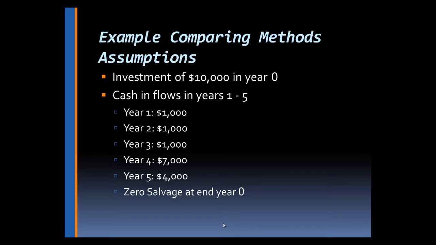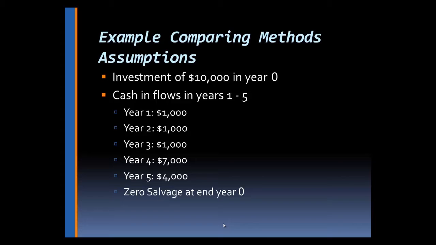Let's talk about making an investment. We're going to invest $10,000 in year zero. When you're talking about capital investment, the year of investment is always called year zero, so that is very important to remember. Over 5 years, 1 through 5, we're going to receive the following cash flows in return.